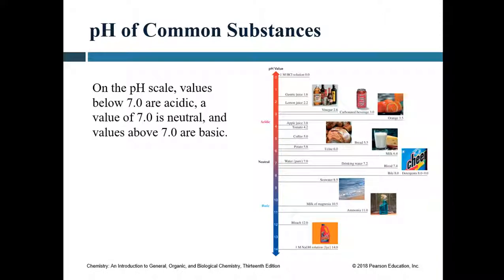Now on the pH scale, values below 7 are acidic, like we mentioned, and the value of 7 is neutral, and values above 7.0 are basic.